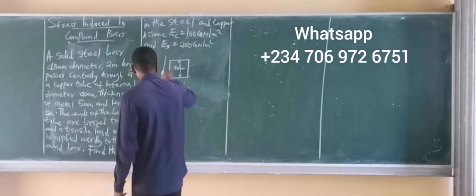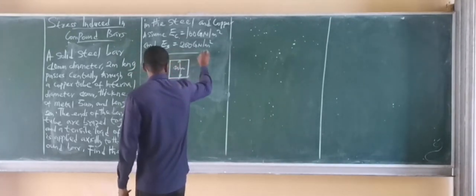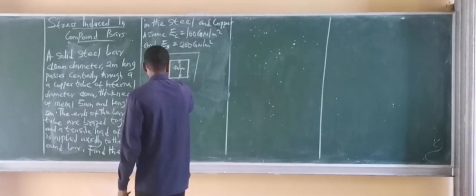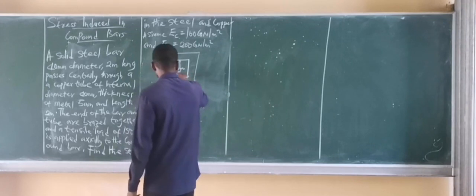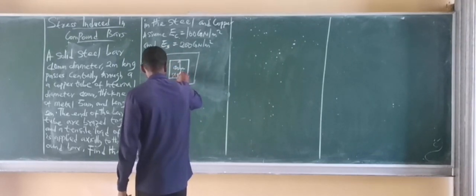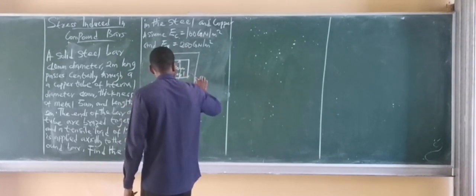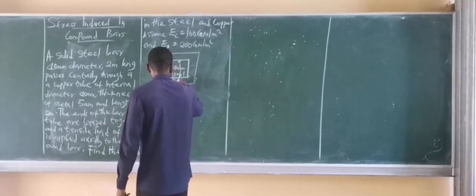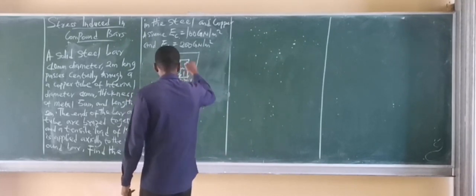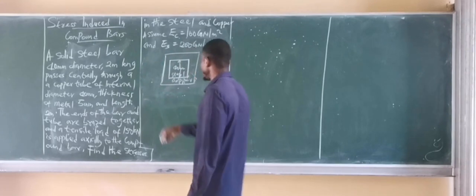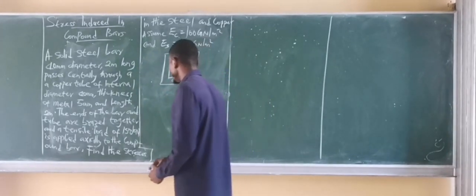So you have something like this. This is a steel bar, while this is the copper, because the steel bar is passed centrally in the copper. That's what the information is saying.